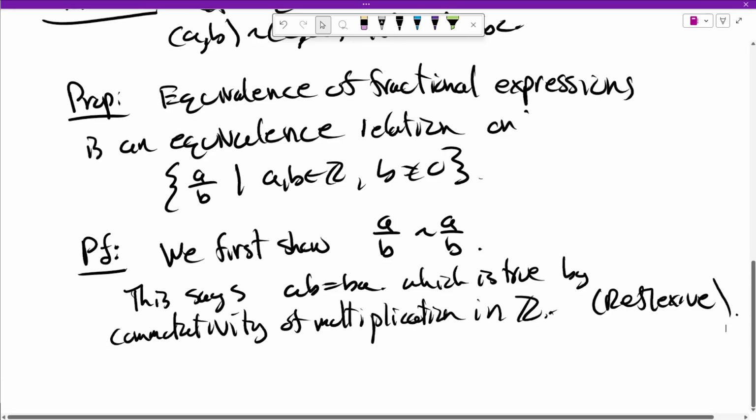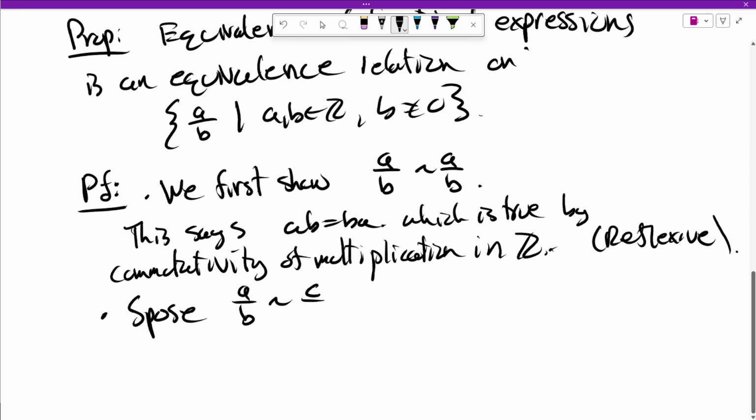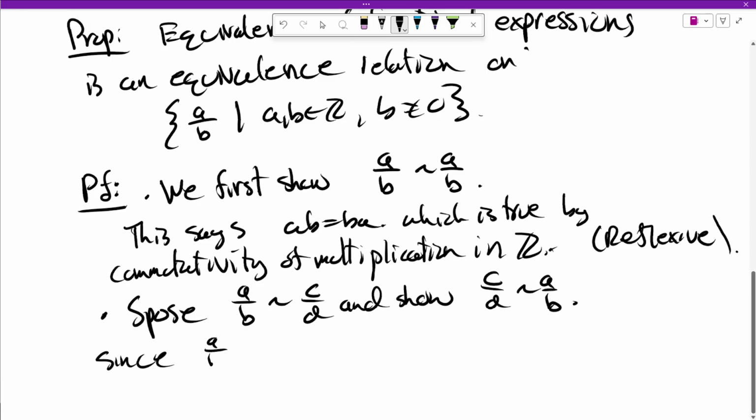Now we need to show symmetric. This is going to be more of a bullet style proof. So for symmetric, we need to suppose that A over B is related to C over D and show C over D is related to A over B. So let's write out our hypothesis.